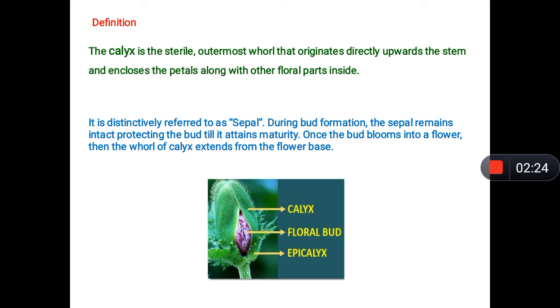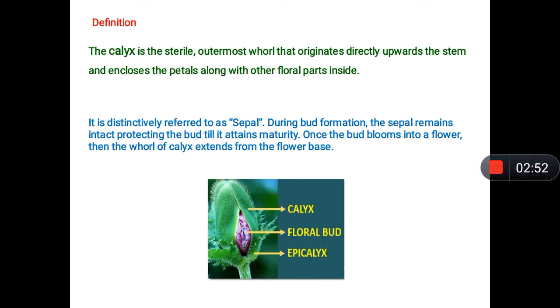During bud formation, the sepal remains intact, protecting the bud till it attains maturity. Once the bud blooms into a flower, the whorl of calyx extends from the flower base. That means during the initial stage, the corolla or the petals and other floral members like androecium and gynoecium are enclosed inside the calyx.